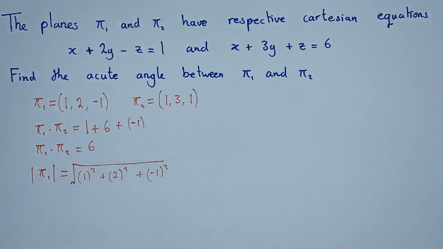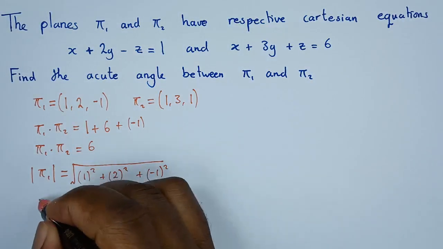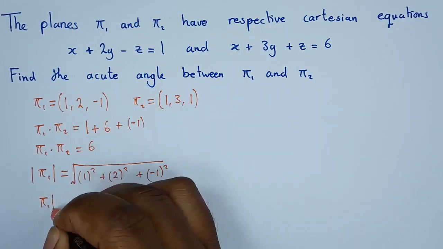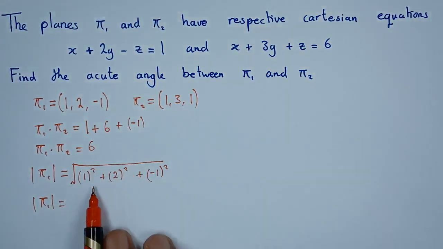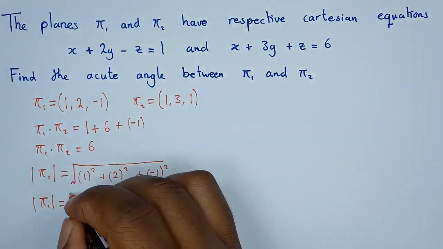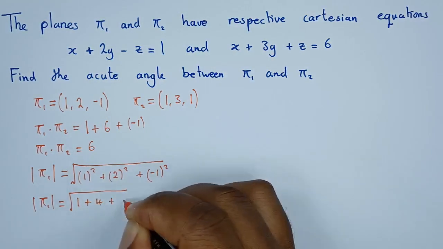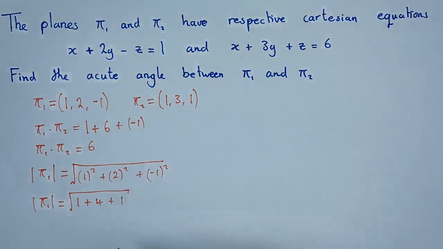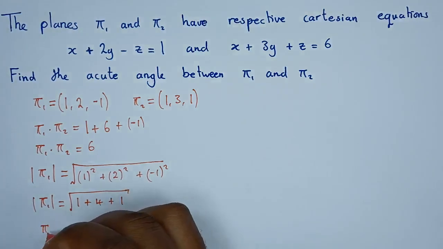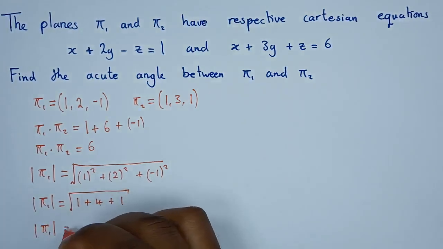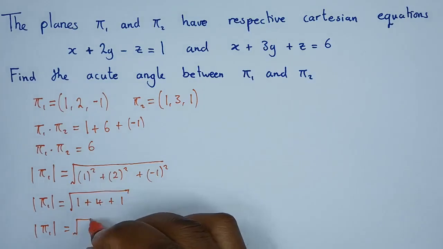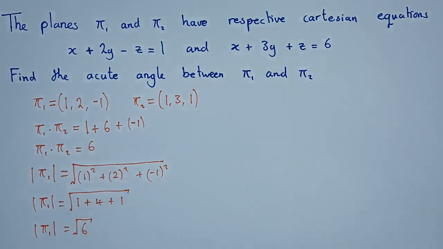Okay, so what do we get? 1 plus 4 plus 1. So the magnitude of pi 1 is simply equal to the root of 6.